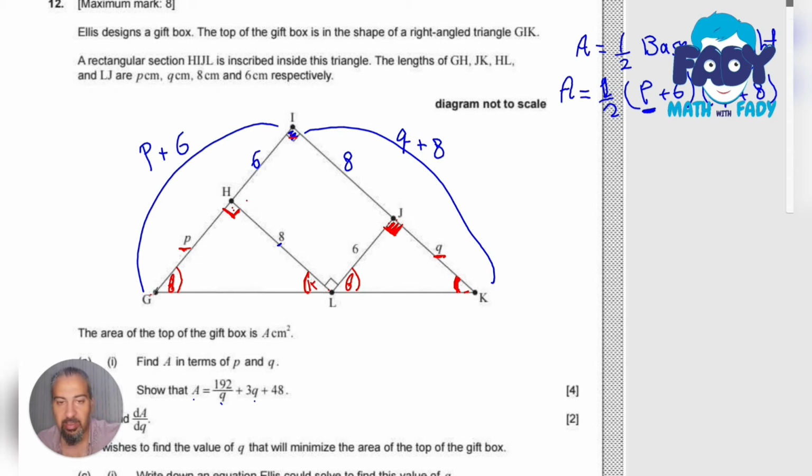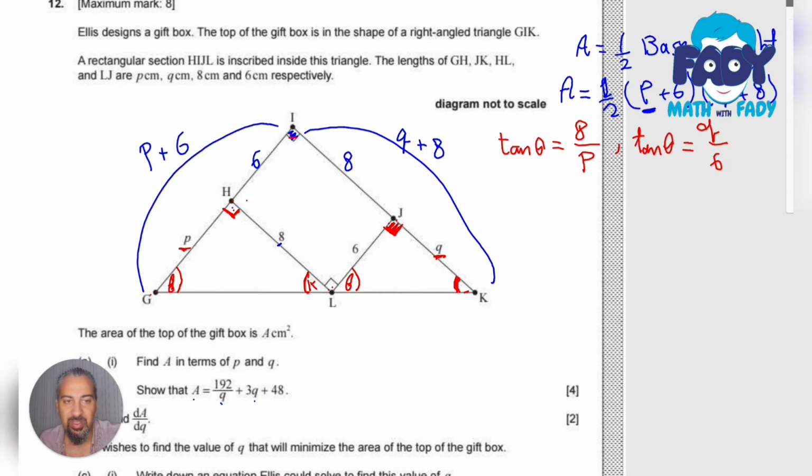In triangle GHL, if we need to find tan theta, it is opposite over adjacent. Opposite here is 8, adjacent is P. So tan theta is 8 over P. And from the other triangle here, we can say that tan theta, opposite is Q, adjacent is 6. So Q over 6.